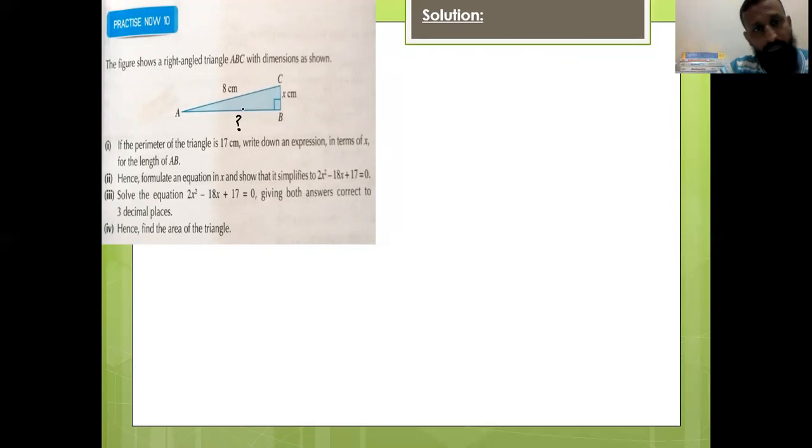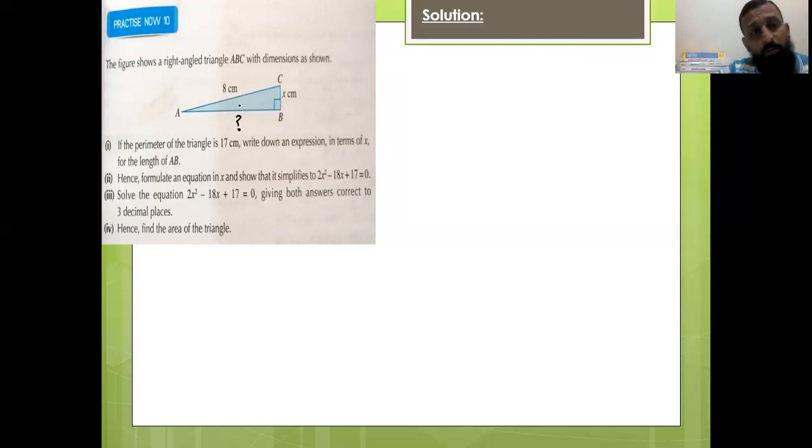If the perimeter of this right angle triangle is 17 centimeters, write down an expression in terms of x for the length AB. We need to find the expression for the length AB, and it should be in terms of x.